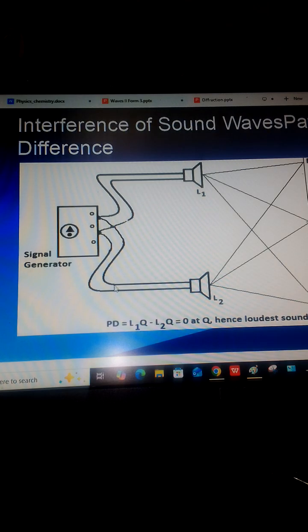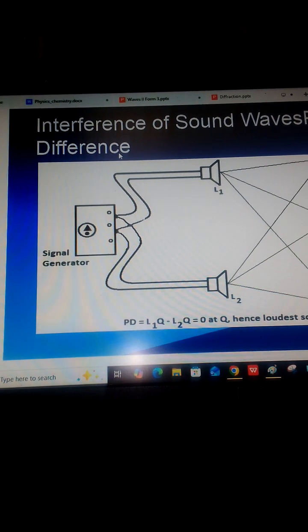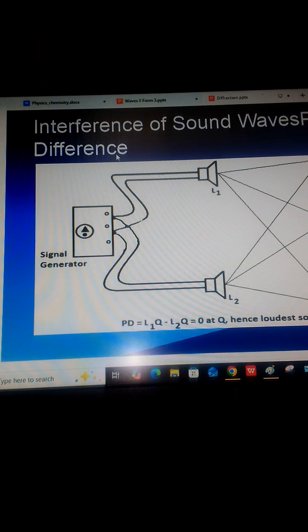All right? And then let's look at interference of sound waves and something we call path difference. Okay? Interference of sound waves. So we have two speakers, L1 and L2. Now two loudspeakers, L1 and L2, are connected to the same signal generator.